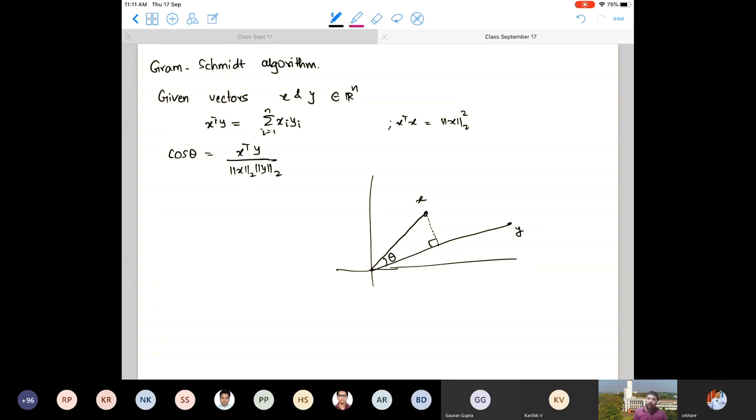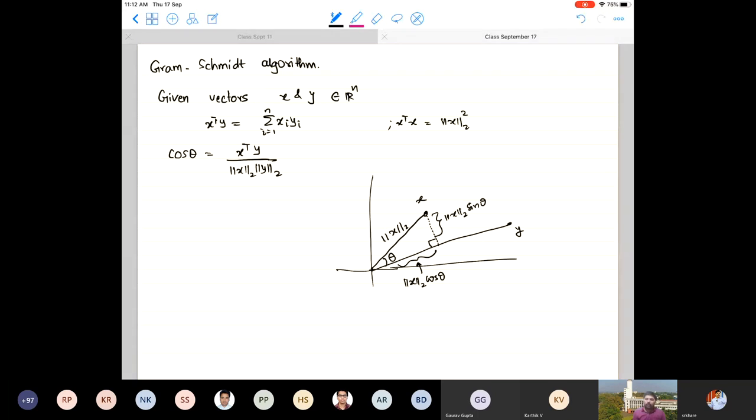Then according to the rules of trigonometry, can you tell what is this length and what is this length? So this length is obviously the length of the vector, which is norm of x, correct? Then this length, do you all agree, is norm of x into cos theta, and this length is norm of x into sine theta.